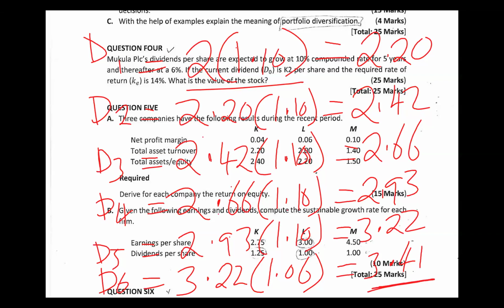Now listen, okay? This will be the value at the end of year 6. However, since the 6% growth that we are having is indefinite, there is no limit. It will continue afterwards up to infinity. So you need to find the terminal value.